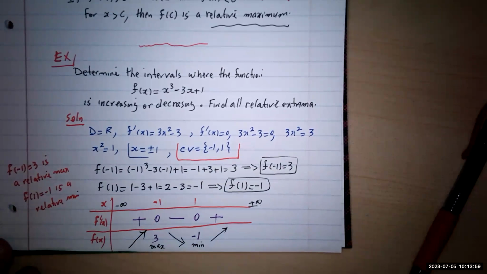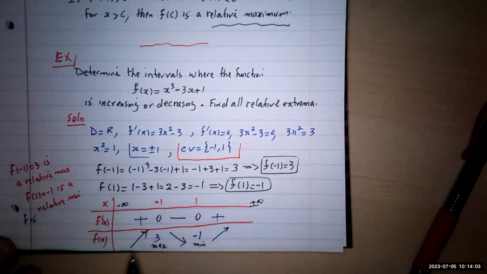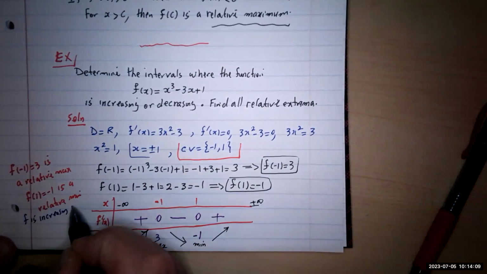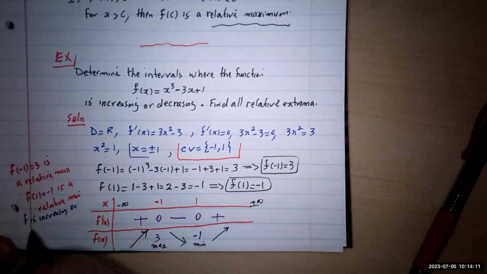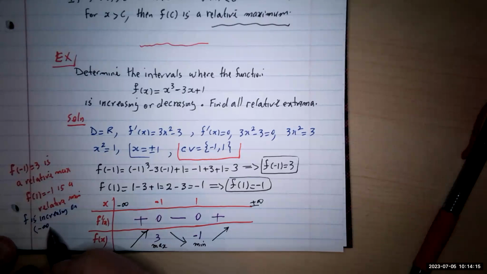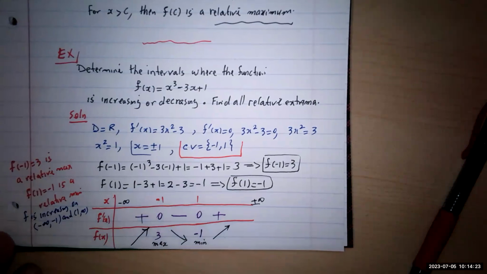Then f is increasing on the intervals of negative infinity to -1, and 1 to positive infinity.